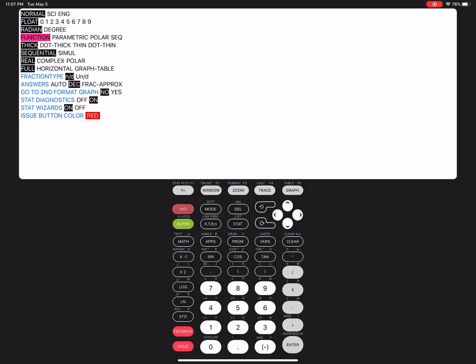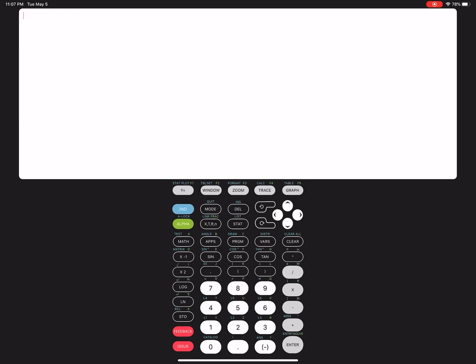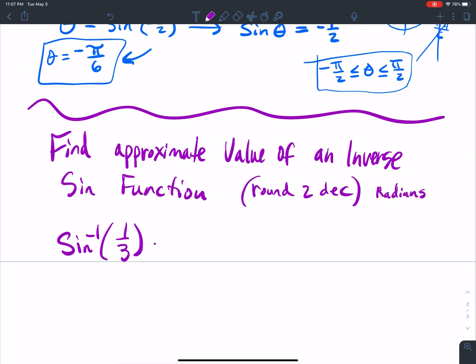Now exit out. Let's do the arc sine, that sine inverse, of 1 divided by 3, close parentheses, hit enter. My answer is 0.3398. Rounded to 2 decimals, that gets me 0.34.